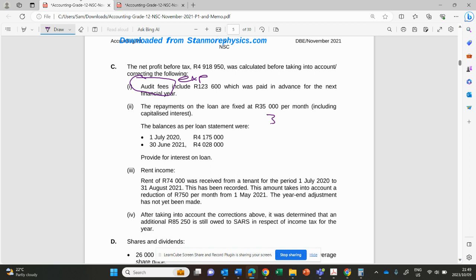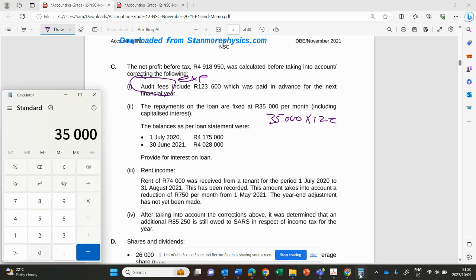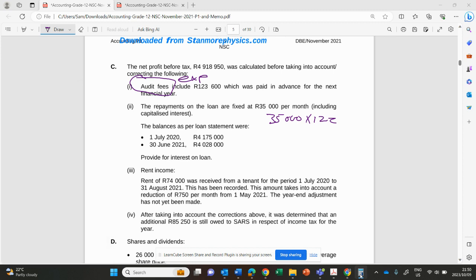We take the 35,000 per month, which is the repayment, multiply by 12 and get the whole payment for the year. 35,000 times 12, then we get 420,000. This is the repayment. Once we have the repayment, including the interest, we can get the interest.